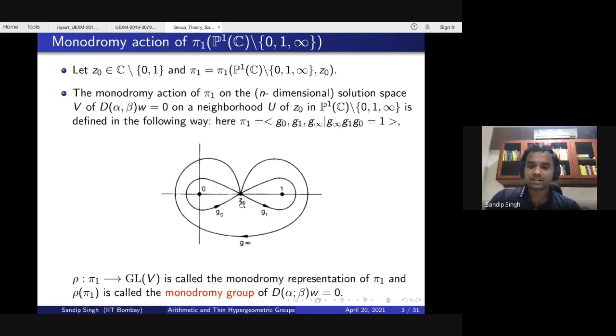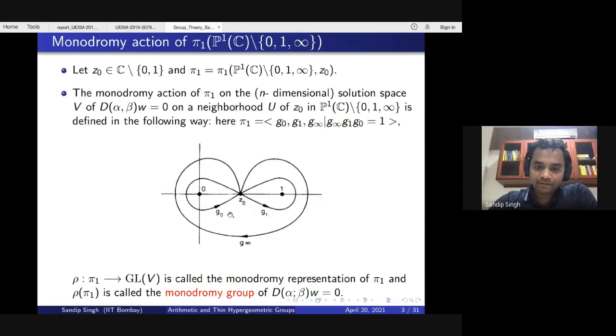I'm denoting by G naught, G1 the equivalence classes of those loops under path homotopy. To define the action of pi 1 on this solution space V, it is enough to define the actions of the generators, and we have to make sure that the relation G infinity, G naught, G1 goes to the identity element of GL(V), right?